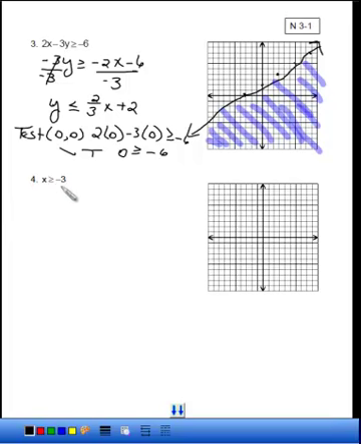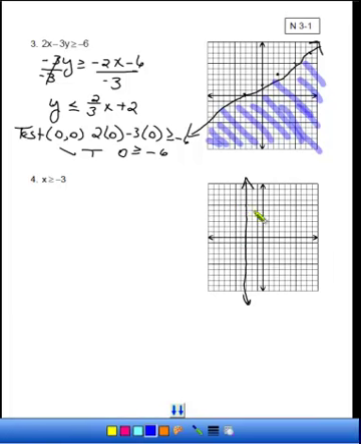X is greater than negative 3. Well, the x equals line, we know, is a vertical line here at negative 3. So you have a vertical line. It's going to go right here along this. Pretty good, almost good till the very end. And it's greater than or equal to negative 3, so it's a solid line.